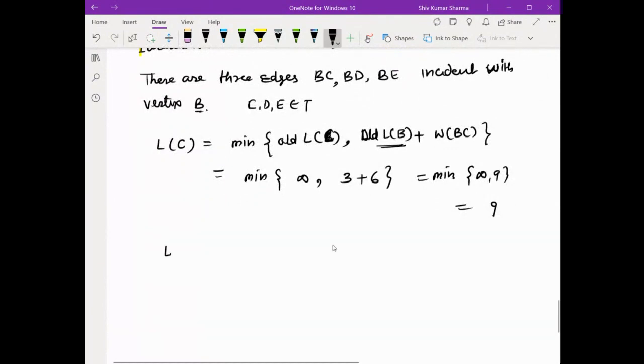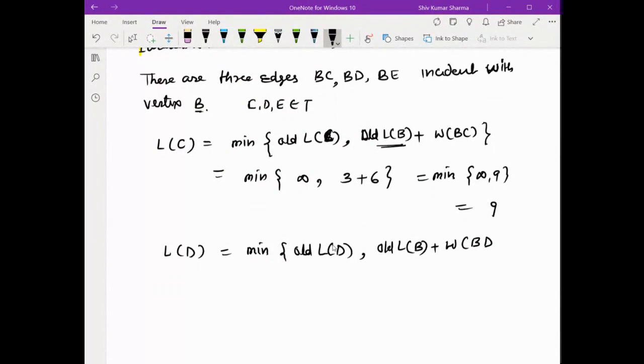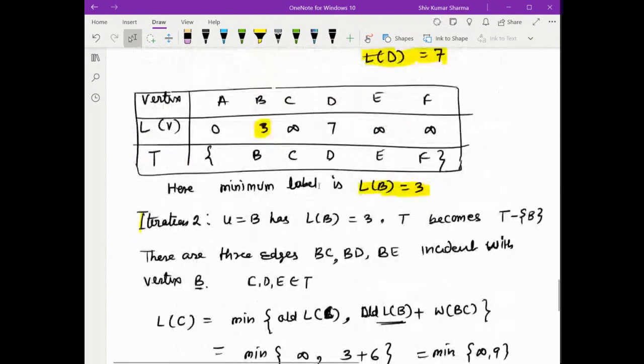Now we again calculate level of D. So level of D is the minimum of old level of D and old level of B plus weight of BD. Now we check the old level of D. Here old level of D is 7.